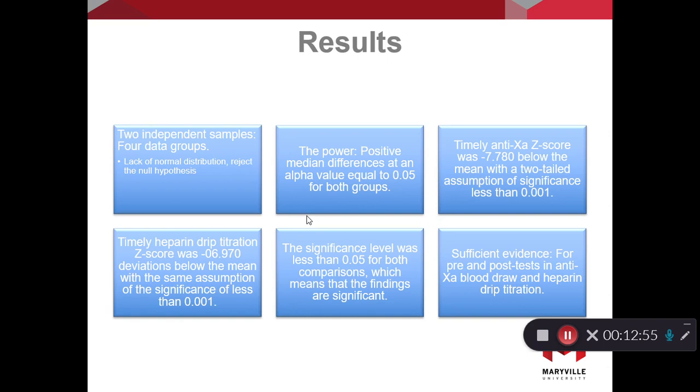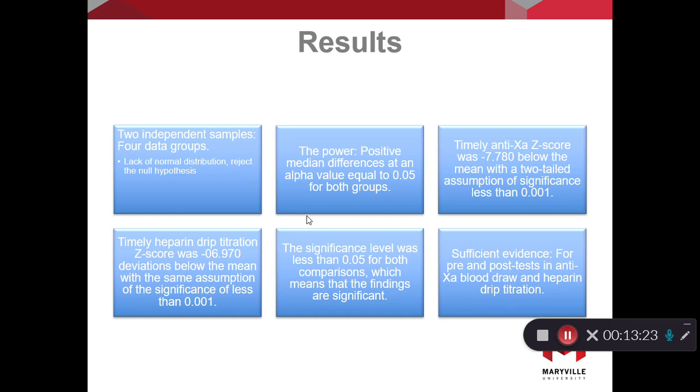The Z-score for the timely anti-XA blood draw was minus 7.780, below the 2-tailed significance of less than 0.001. The Z-score for timely drip titration was minus 6.970 deviations below the mean, with the same significance of less than 0.001.